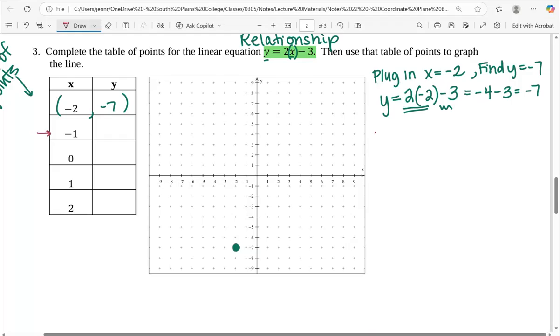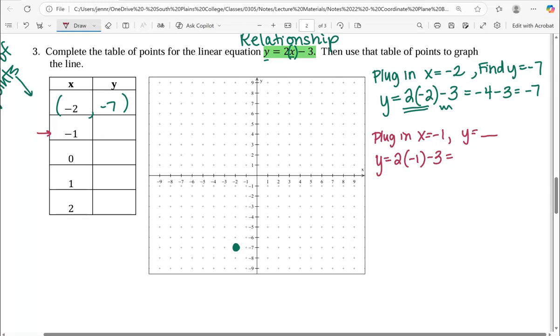The next one says I should plug in x to be -1 in order to find what y equals. So I take the x back to the equation. y equals 2 times, plug in -1, and a -3.